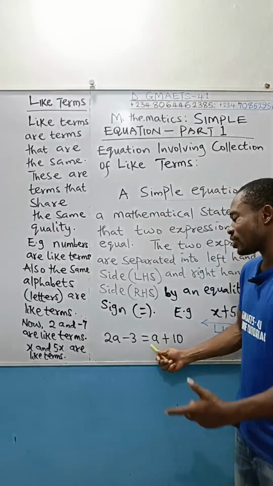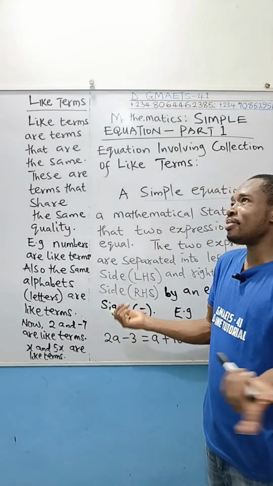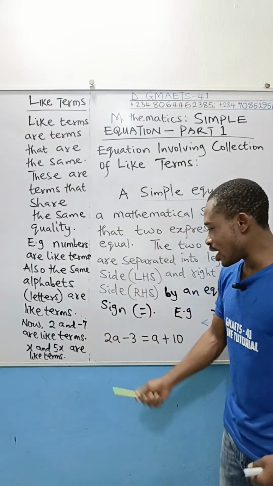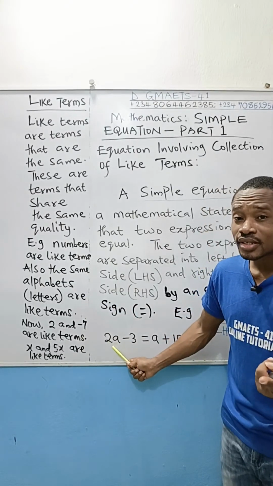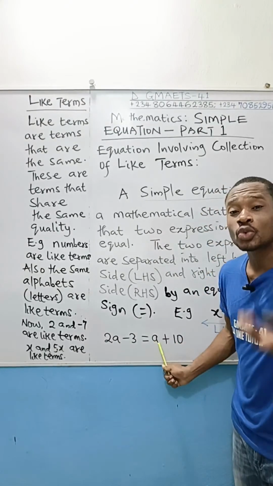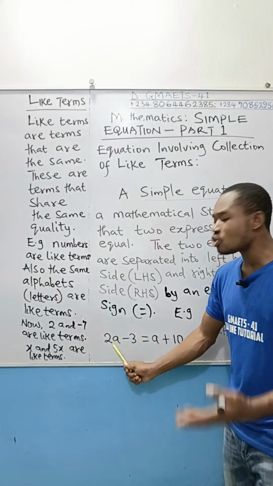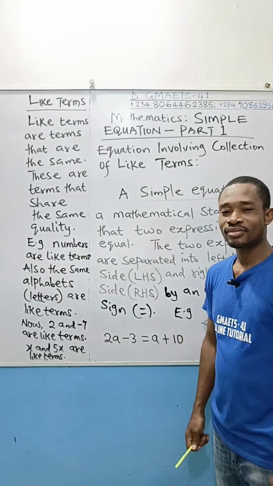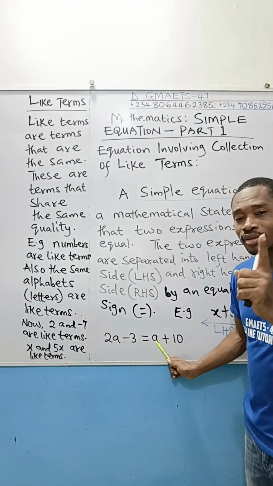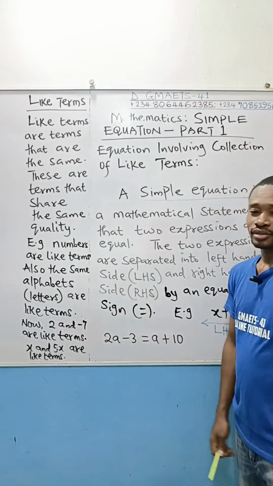This A can represent anything. A can be maybe sweet. If A is sweet, I can now say 2 sweets. Like if I give you 2 sweets, and here you have 1 sweet. So somebody is telling you, okay, 2 sweets, you now have minus 3 equal to 1 sweet plus 10.